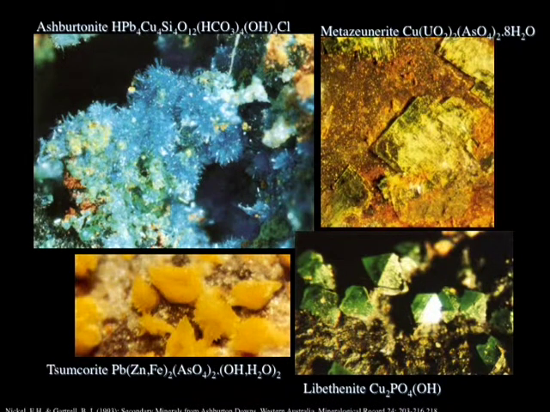And so obviously some of these minerals are quite colourful. Here we have images of ashburtonite, the lovely blue. Metazoonarite, a copper uranium arsenate, yellow on the right there, some cornwallite on the bottom left, and labethanite, a copper phosphate, on the bottom right.